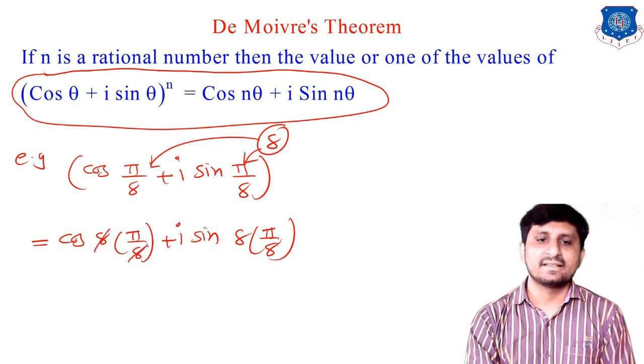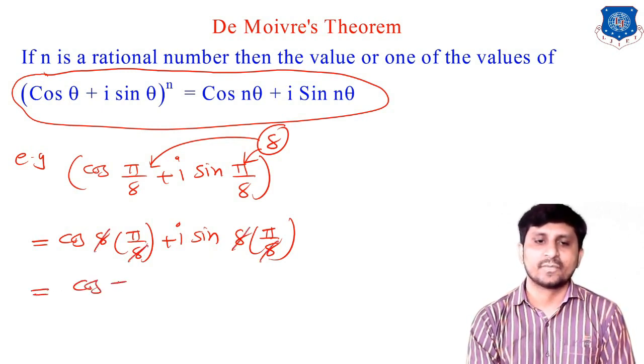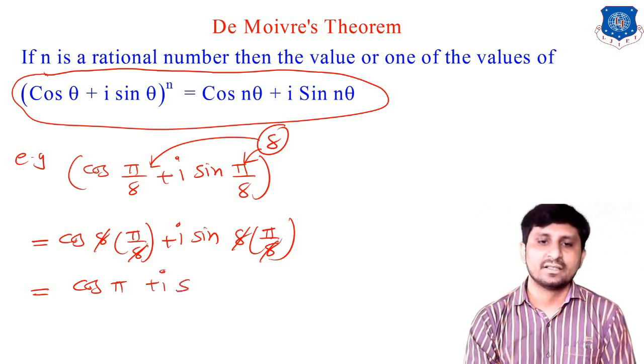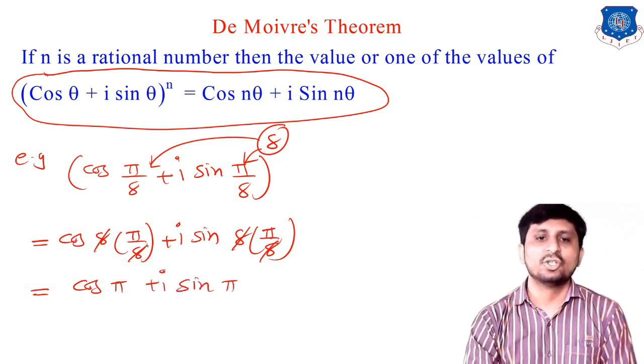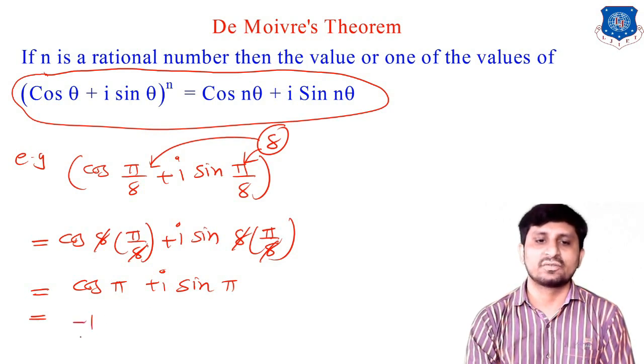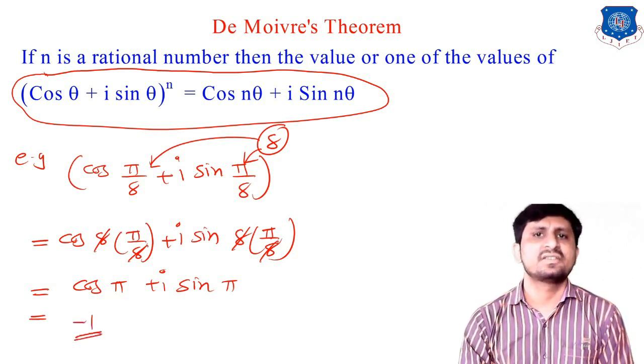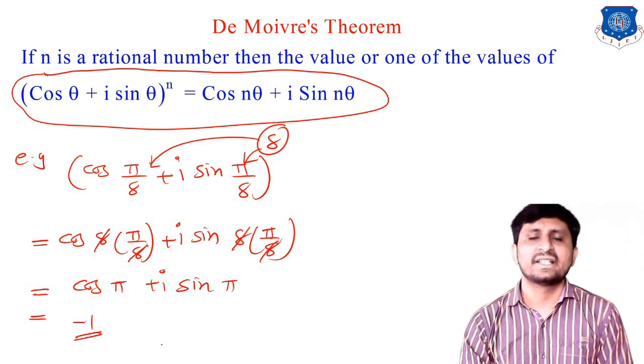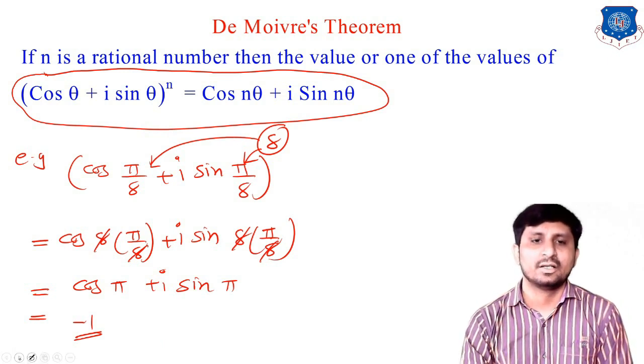The 8 cancels out, and this is now cos pi plus i sin pi. The value of cos pi is minus 1, sin pi is 0, so the final answer is minus 1. This is just a simple example, and using it you can easily understand.